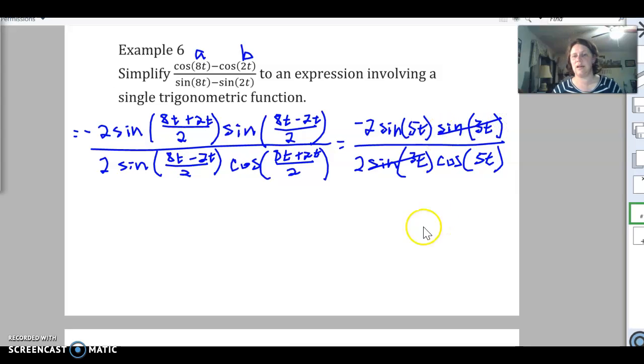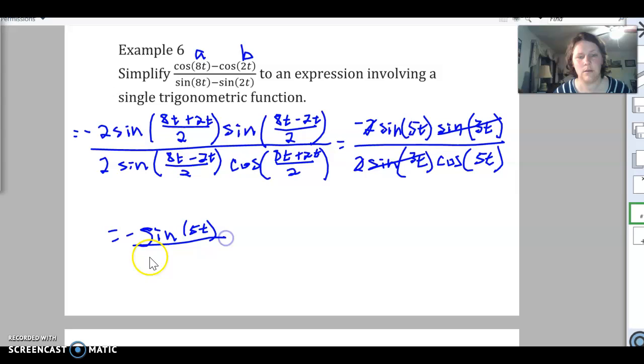We can cancel those out. Our 2's can cancel. Our negative doesn't cancel. Make sure you keep your negative in there. So we have negative sine of 5t over cosine of 5t. And then sine over cosine is tangent, so negative tangent of 5t is our final answer.